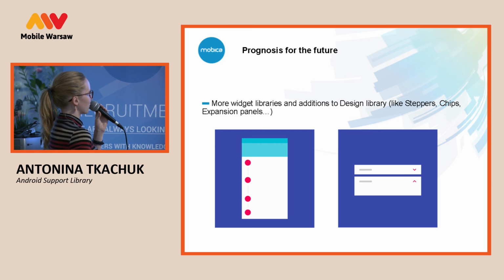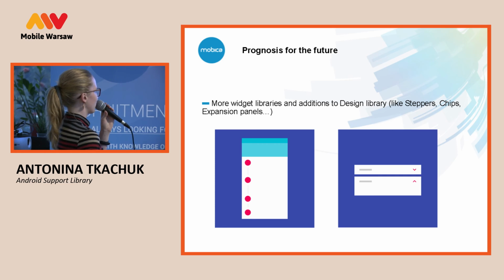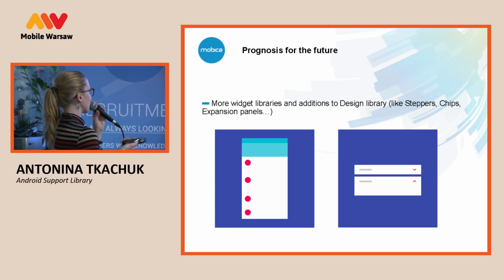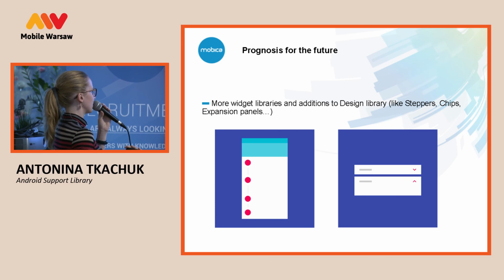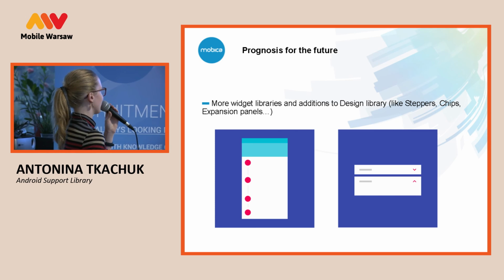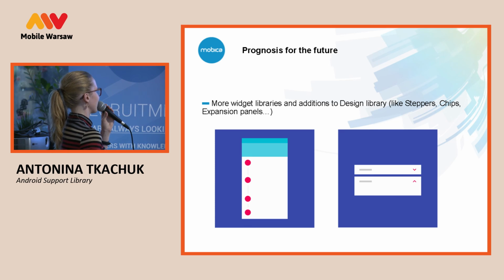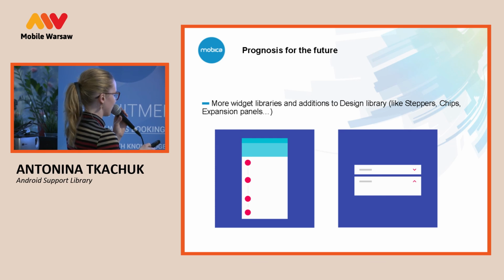So I think we can expect some new widget libraries with some fancy views. Some of those widgets may already be available, written by some random people, but Google will probably rewrite them and enable them for us as a part of the support library.